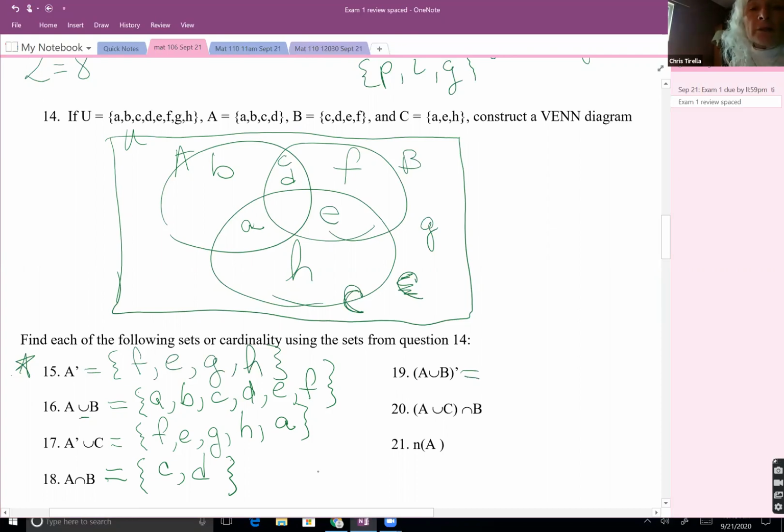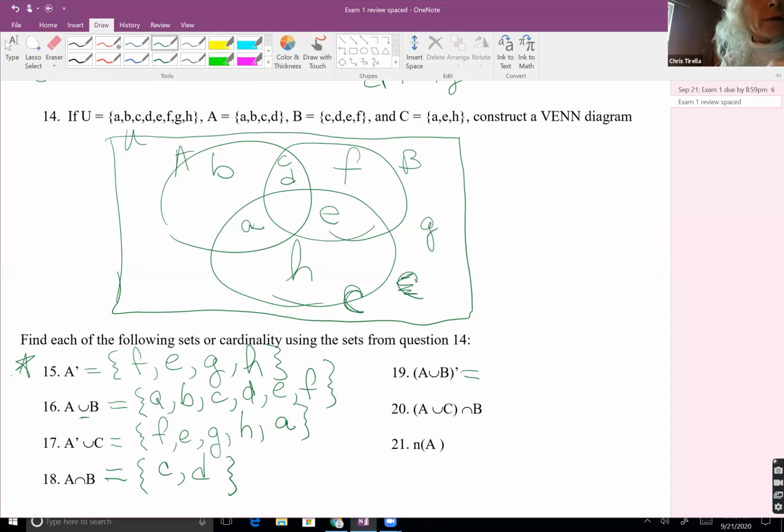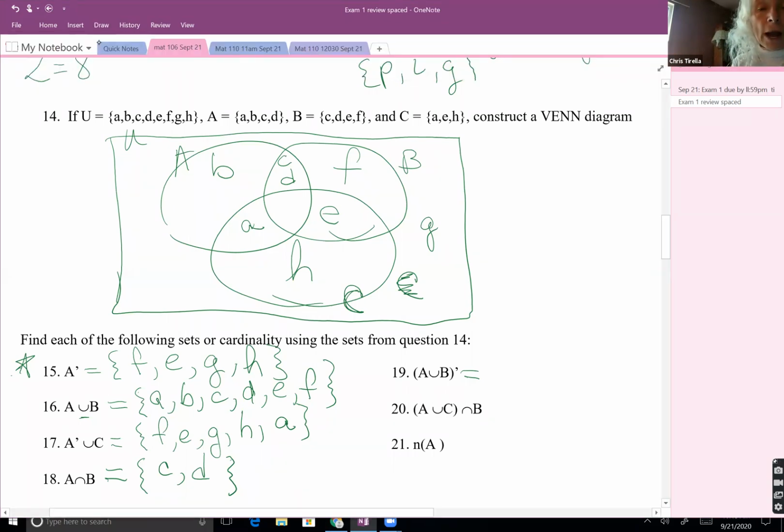That one I actually like to get more from the Venn diagram than I do from the roster. A union B is inside here, right? So A union B complement would be outside of that: G and H.